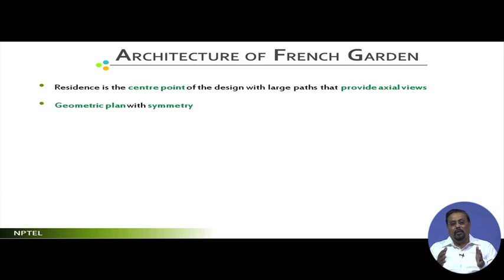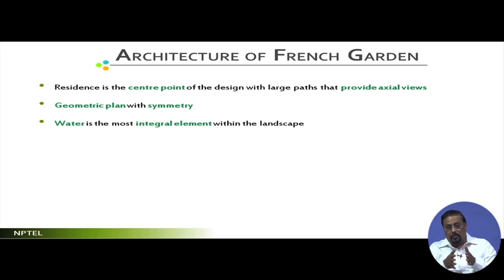The whole area is subdivided into multiple squares or rectilinear spaces with geometric pathways and very strong symmetry, but water is one of the very strong elements and an integral element of this particular landscape. This combination of building, pathways and water made a very distinct identity.